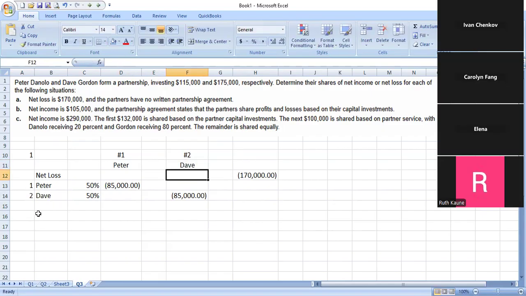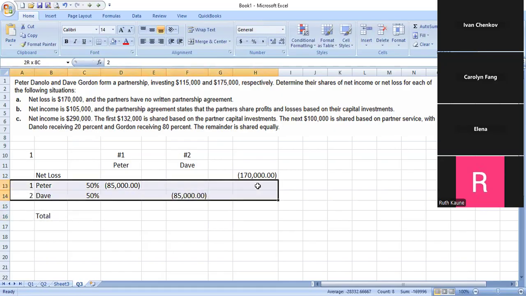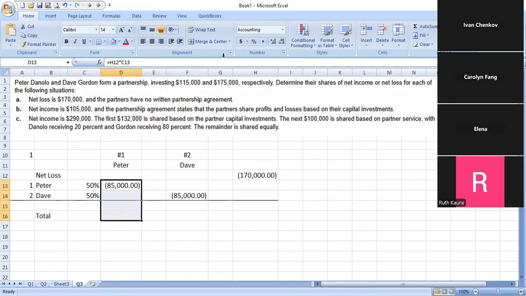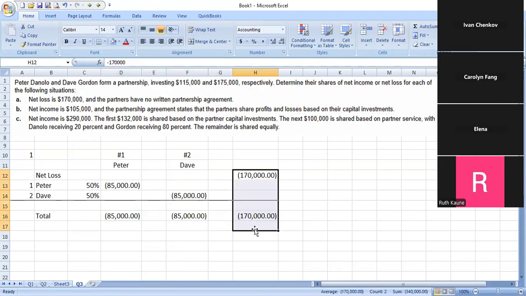After we do all this ginormous calculation, Peter gets negative 85. Dave gets negative 85. The total left for further allocation should be 0, right? Yeah. We allocated 170, and that's it.